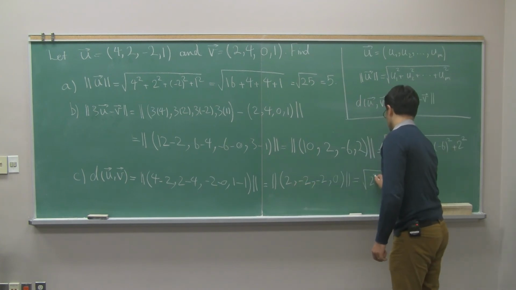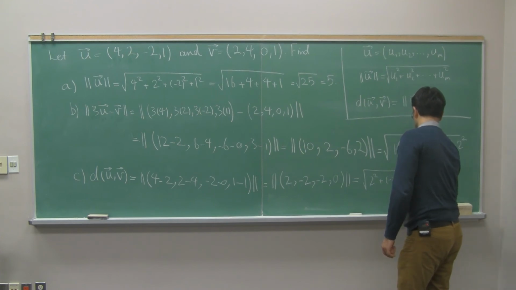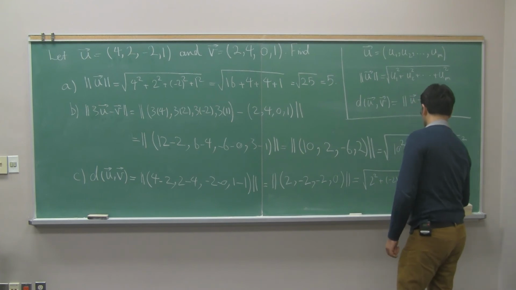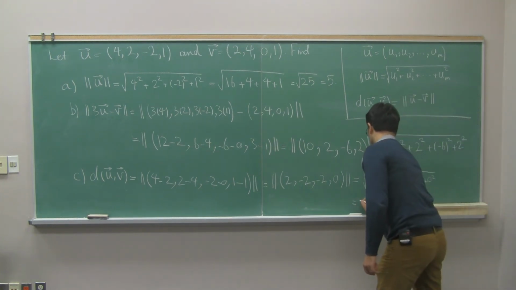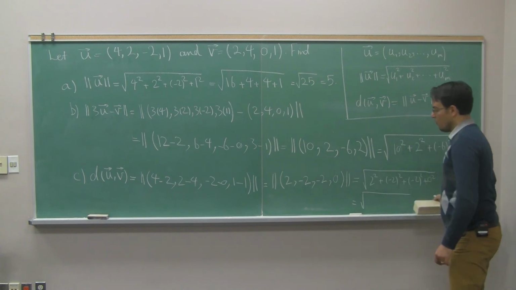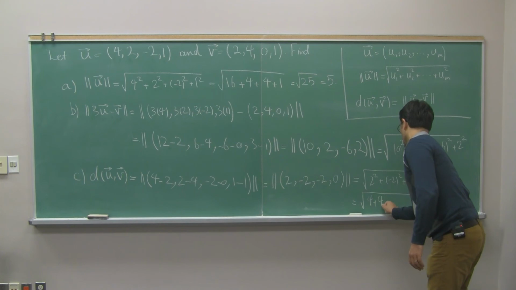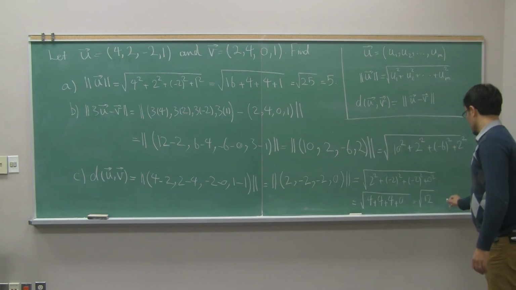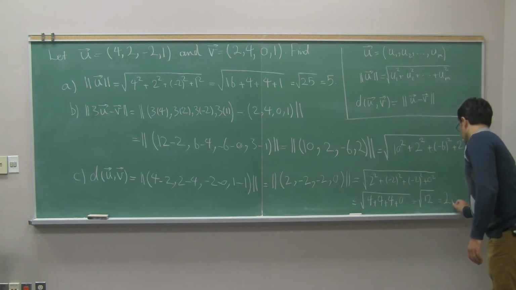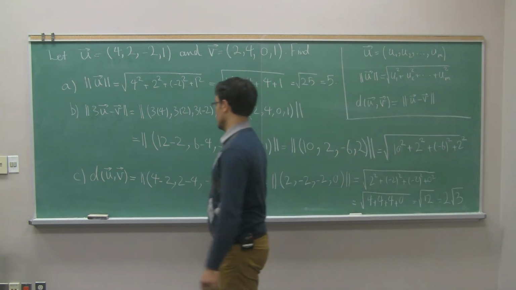The first component squared, second component squared, third component squared, last component squared. And I have 4 plus 4 plus 4 plus 0, this is the square root of 12. And you can simplify more and write 2 times root 3.